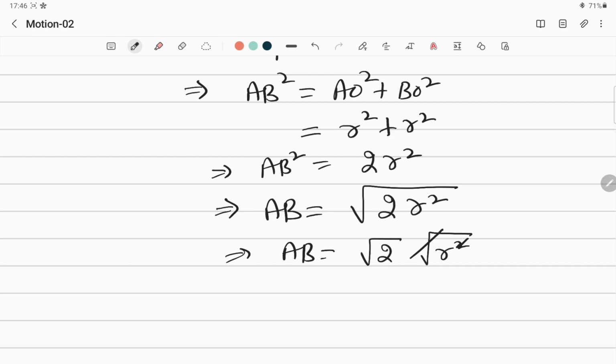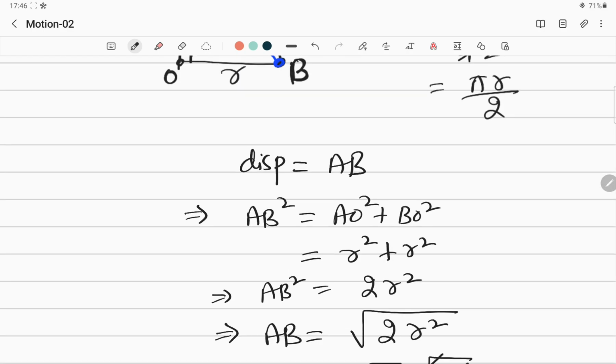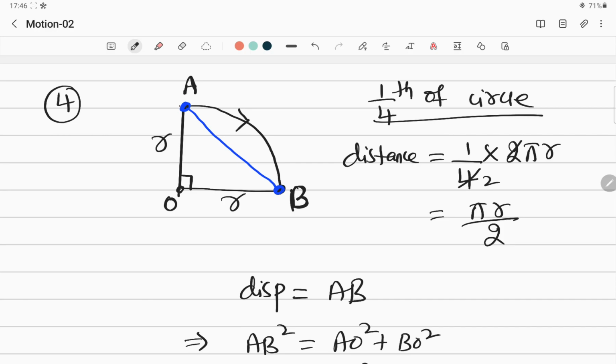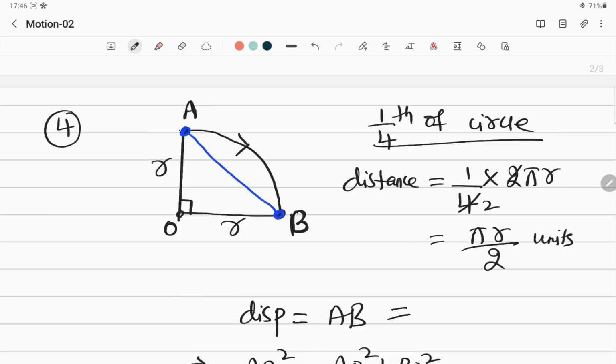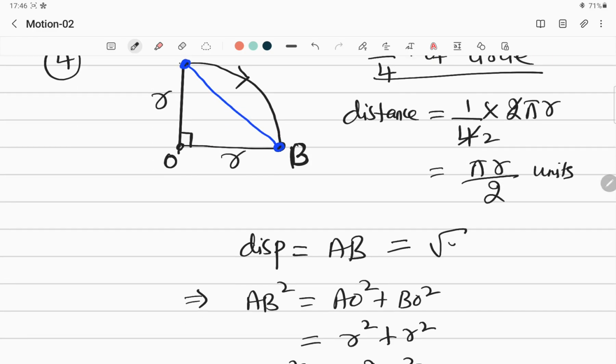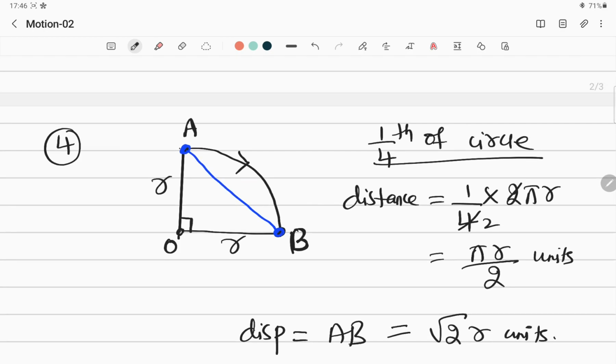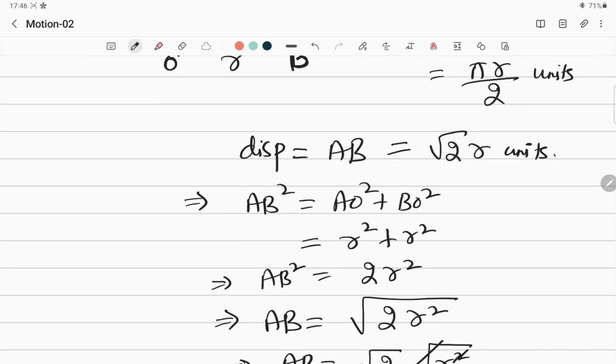The square and square root get cancelled, and AB becomes root 2 R units. There is nothing like centimeter here, so just units. The distance is pi r by 2 units, and the displacement AB is root 2 r units. I hope the things are becoming quite clear.